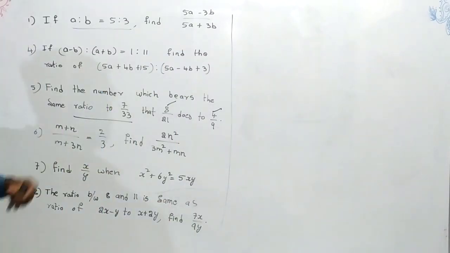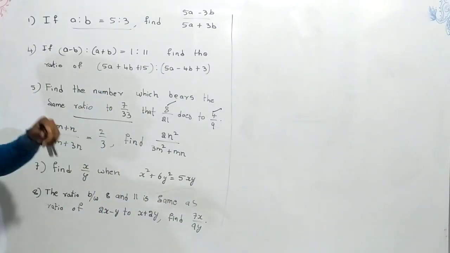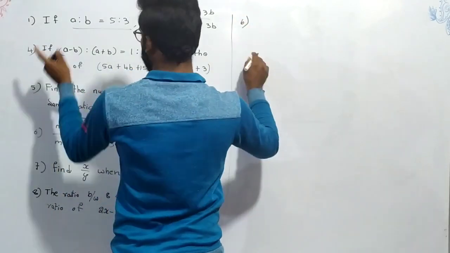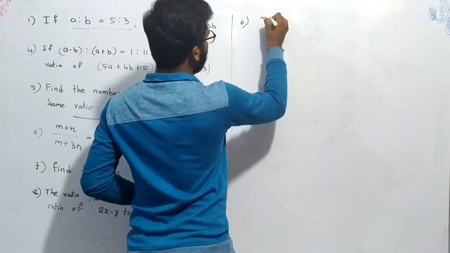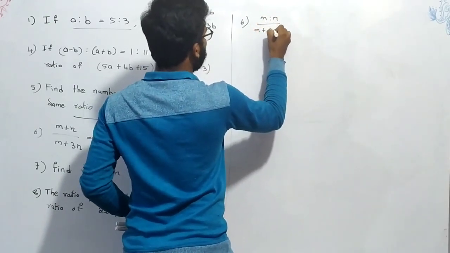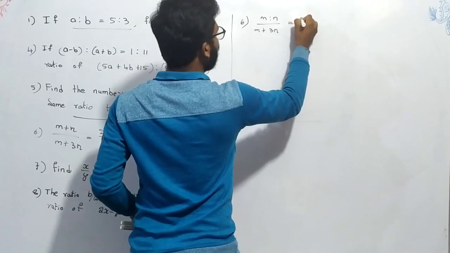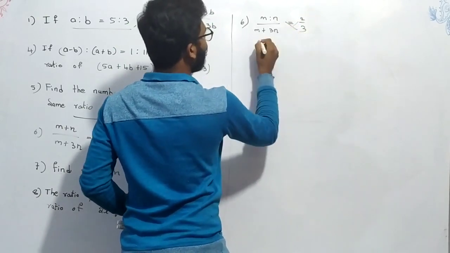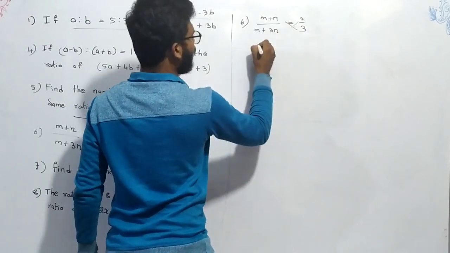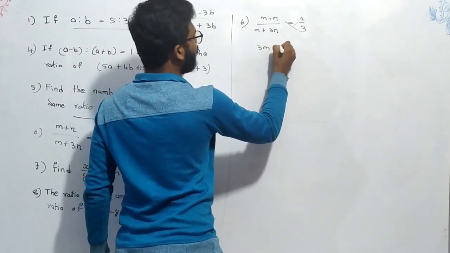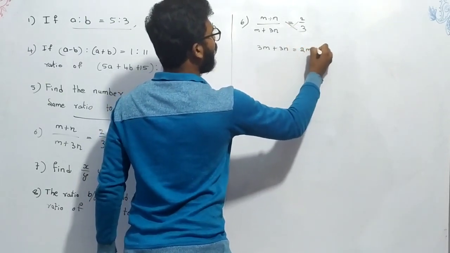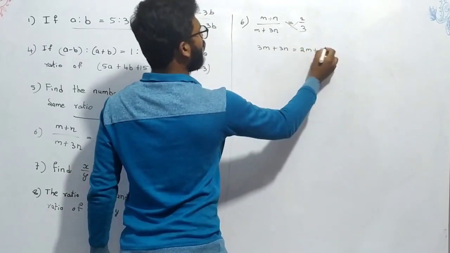If m plus n by m plus 3n equal to 2 by 3, find this one. Same, here also they didn't give the direct value of m is to n. So m plus n by m plus 3n equal to 2 by 3. By cross multiplying, what will you get? 3 into m plus n, 3m plus 3n equal to 2m plus 6n.